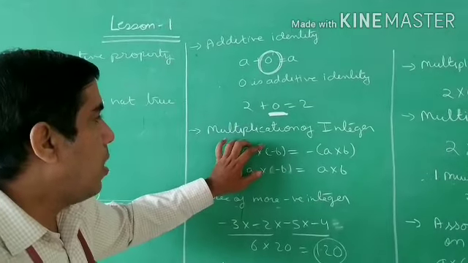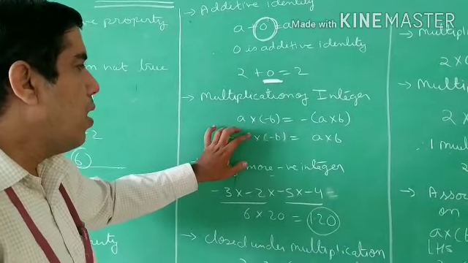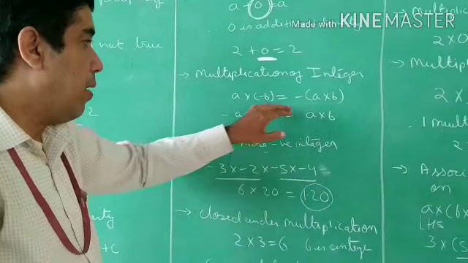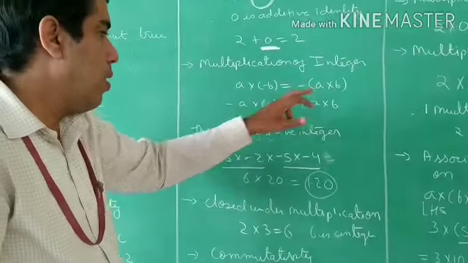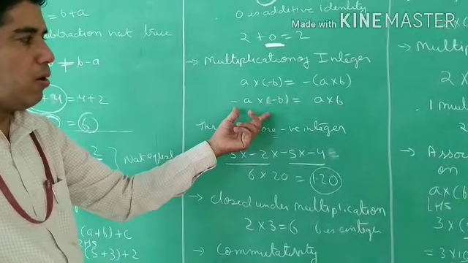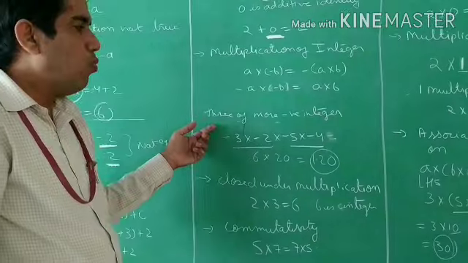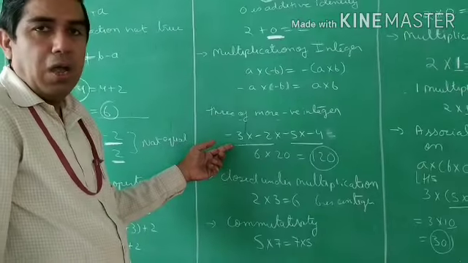Now multiplication of integers. A multiplied by minus B is equal to minus (A into B). Here, when two negative numbers are there, it becomes positive, so A into B. Now if three or more negative integers are there, what rule is to be used?